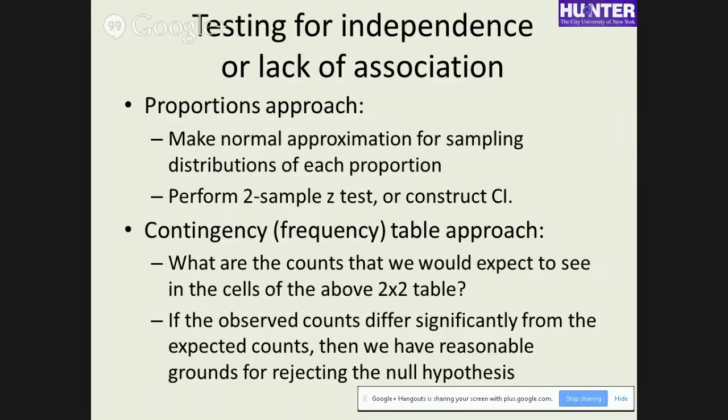So the basic approach here is we're going to write down the number of counts that we would expect in each of those cells, calculate the difference between what we observe and what we expect, and then get a test statistic from that we will be able to compare to a distribution under the null hypothesis. Sound familiar?